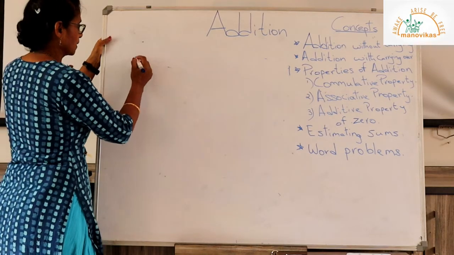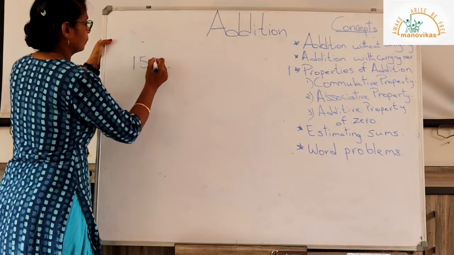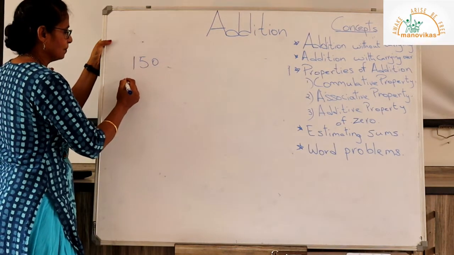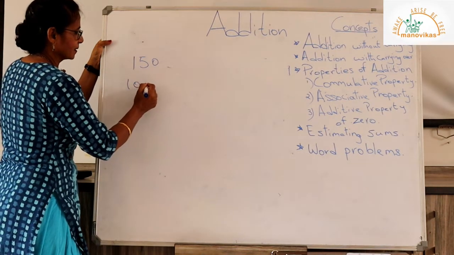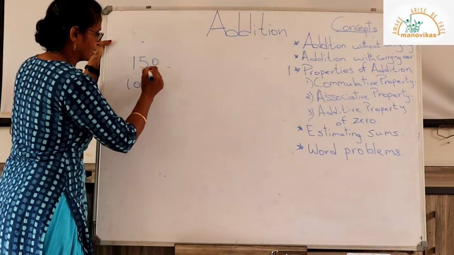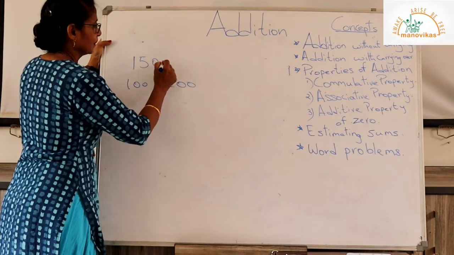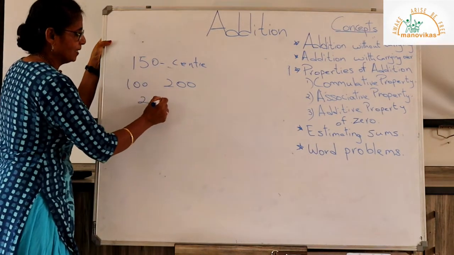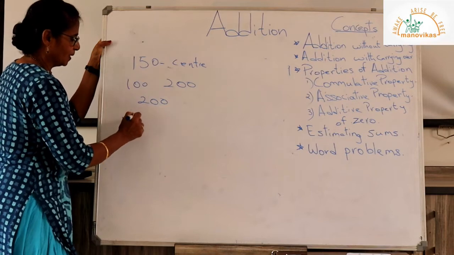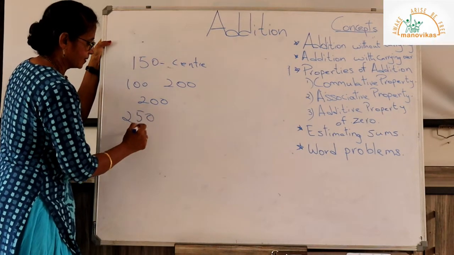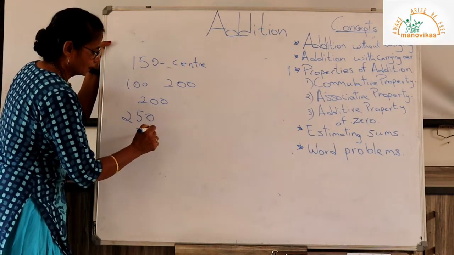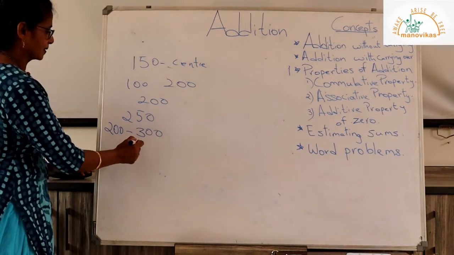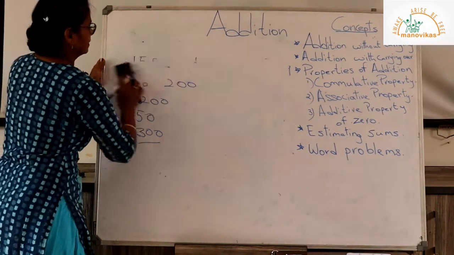But suppose the number is 150, as the number is between 100 and 200, in the center of 100 and 200, because this is in the center, then you have to use 200. But if the number is 250 in the center, then you take it as 300. So let us do an example.